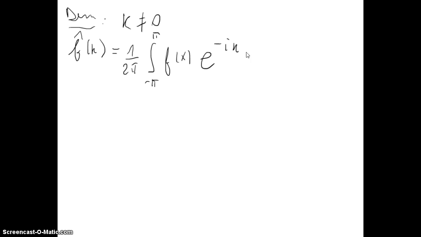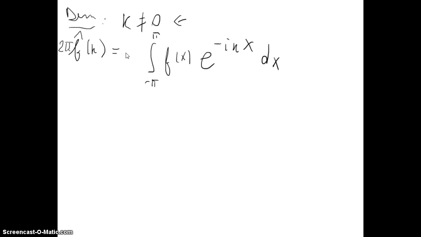Let's recall that f_k is equal to 1 over 2 pi times the integral from minus pi to pi of f(x) e^(-ikx) dx, and I will already settle that k is not equal to 0. I will put the 2 pi here.